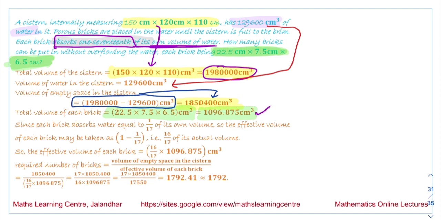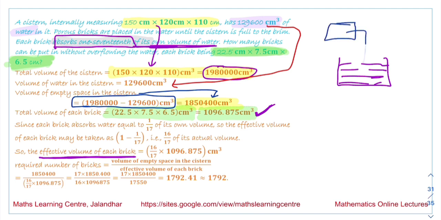This is the actual volume of the brick. It absorbs 1/17 part of the water. So effective volume we are talking about, it is the effective volume of each brick. What this thing means is, suppose water is there. When we put a brick in this water, actually what should have happened, that whatever the volume of this brick is, same volume of water should come out.